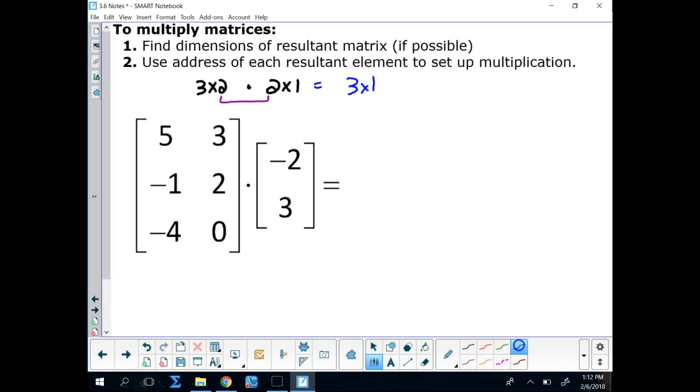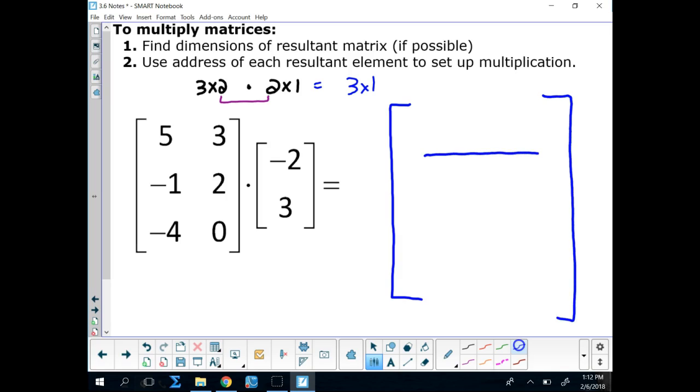Okay? So it's possible. Now, here's how I go about doing this. I am going to draw myself an oversized 3-row, 1-column matrix. Thinking back to yesterday, the address of this first element is row 1, column 1. Right?